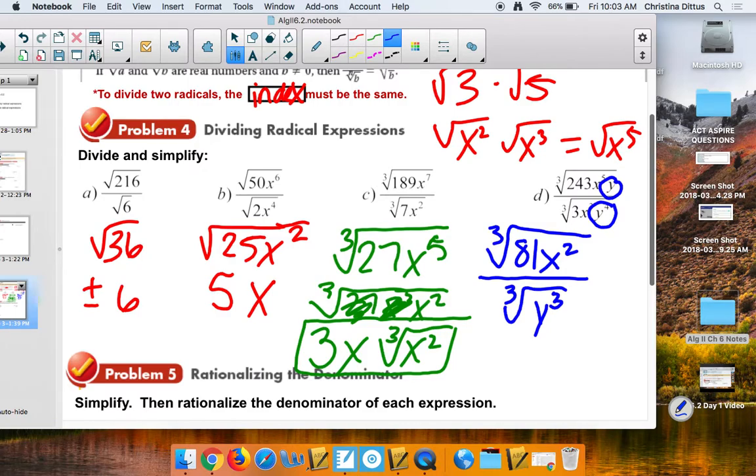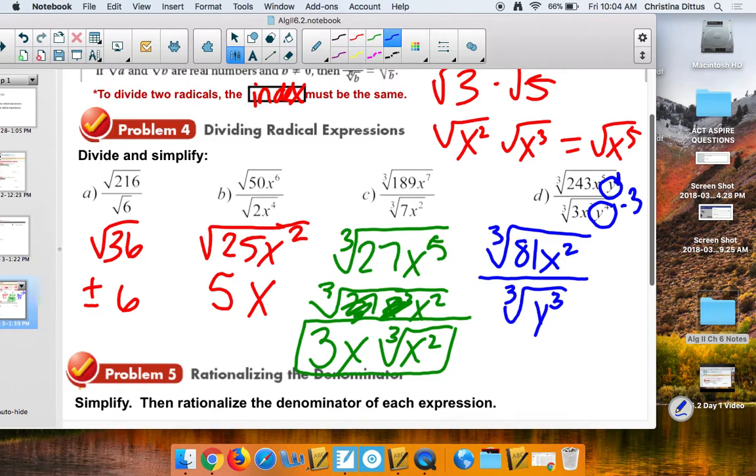Negatives are always on the bottom, so if you do 1 minus 4, you get a negative 3, so that's just a 3 exponent on the bottom. Whenever you have a negative, like you see how this is a y to the 1st, 1 minus 4 is negative 3, that's the same as just a positive 3 on the bottom of your fraction, in the denominator. Okay?